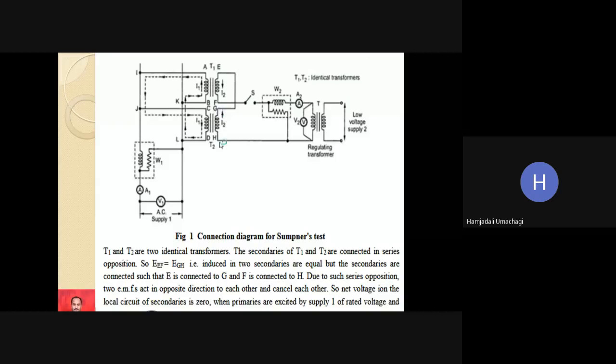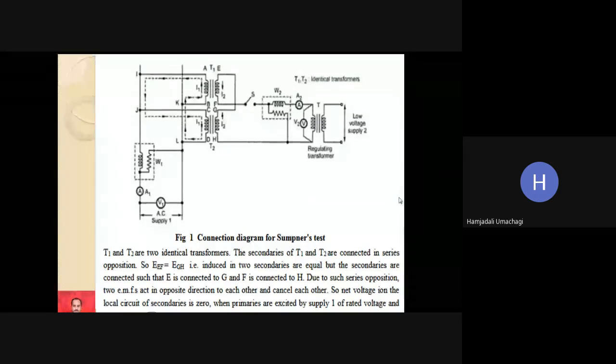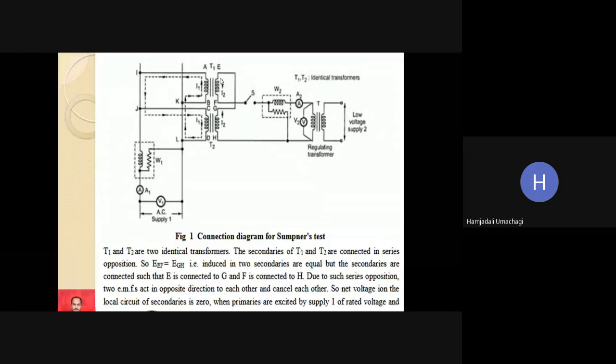Because of this connection, both voltages will be equal and opposite to each other. If EF is 230 and EGH is 230, 230 minus 230 will be 0 and no current will flow in the loop here.